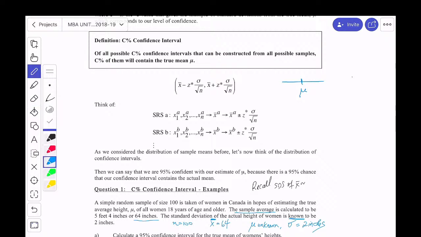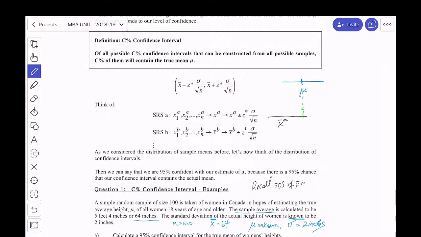But then what we're going to do is collect samples and make a confidence interval around x bar. And that one might be on a number line, maybe it's here. And then we manage here to just catch the true mean inside, you see?